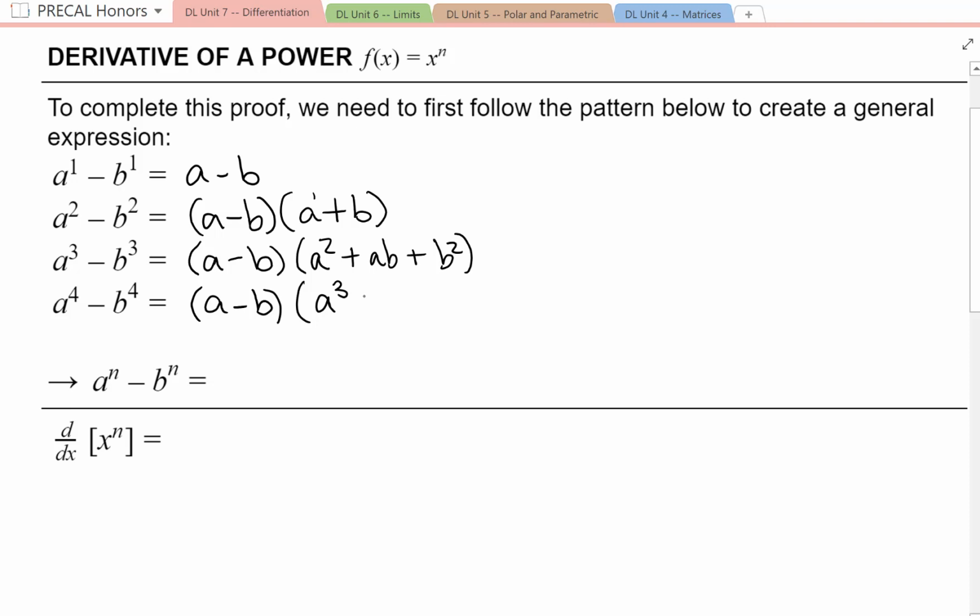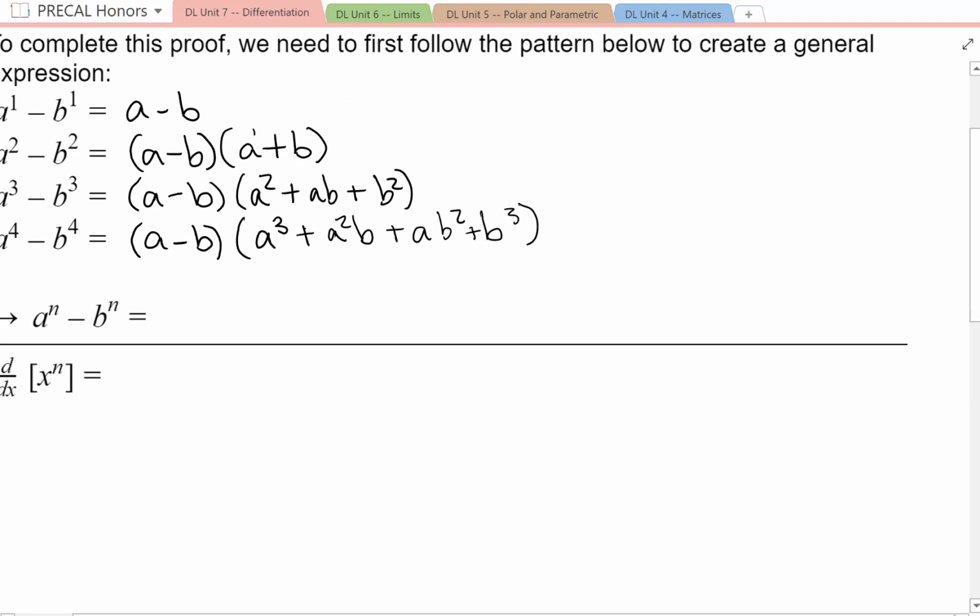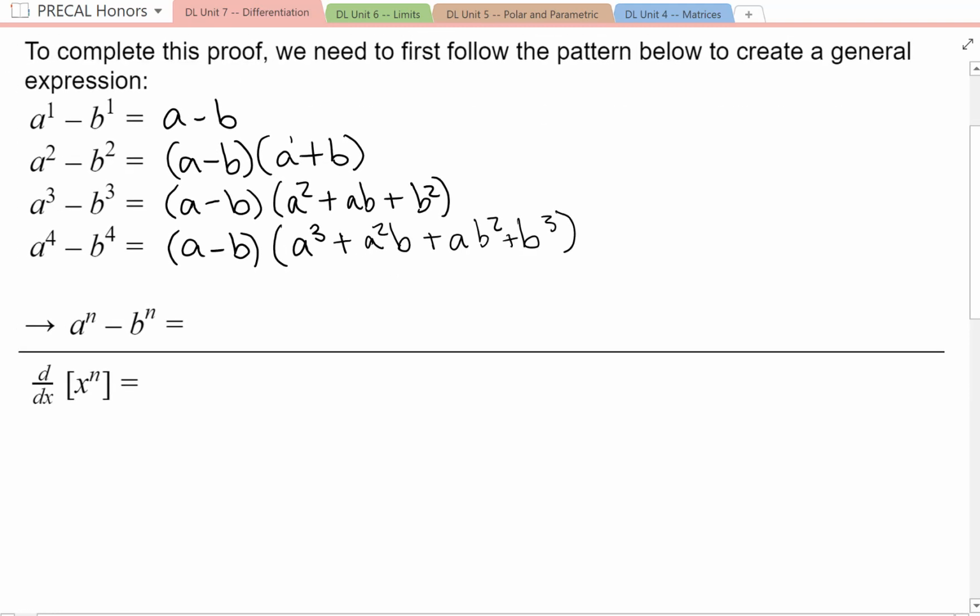A to the power of 3 times b to the power of 0, plus a squared b to the 1, plus a to the 1 b squared, plus b cubed. If you would like to check that, you can distribute it.